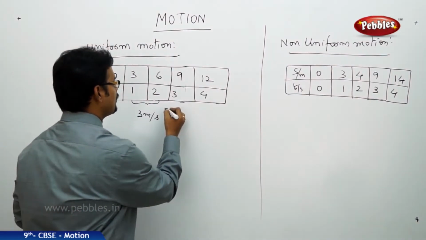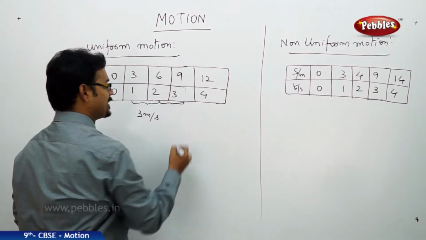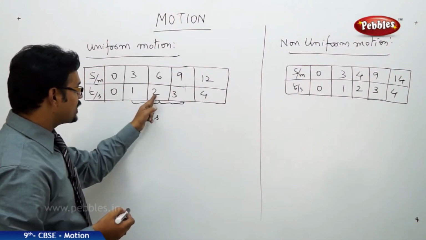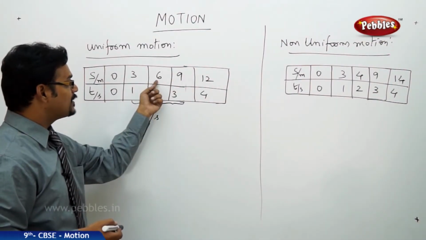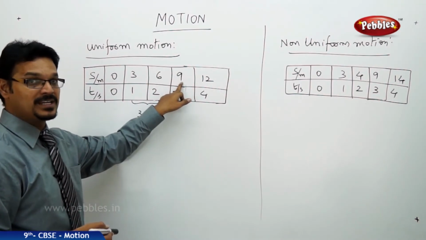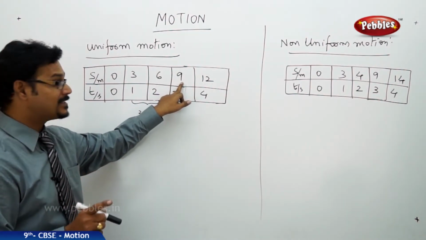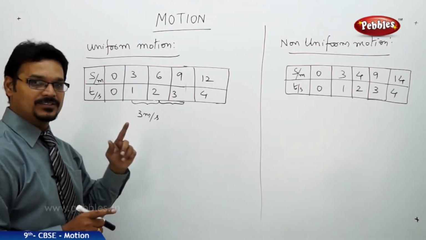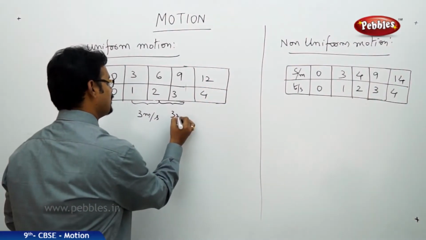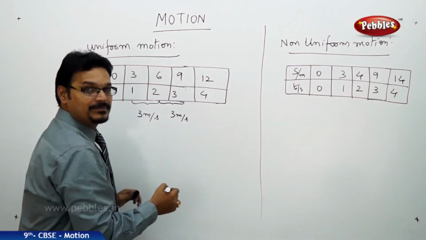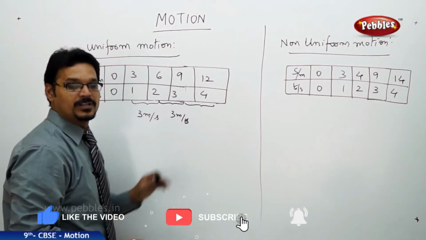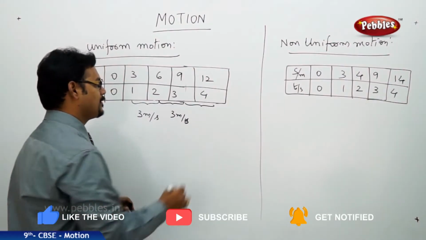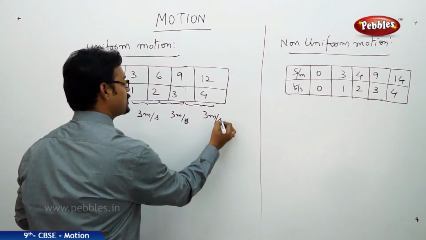Now coming to 2 to 3 seconds, how much distance is traveled? It goes from 6 meters to 9 meters, but the distance traveled is not 9 meters. Distance traveled is 9 minus 6, 3 meters again. So again it is 3 meters in 1 second. Now from 3 seconds to 4 seconds, similarly, 3 meters per second.